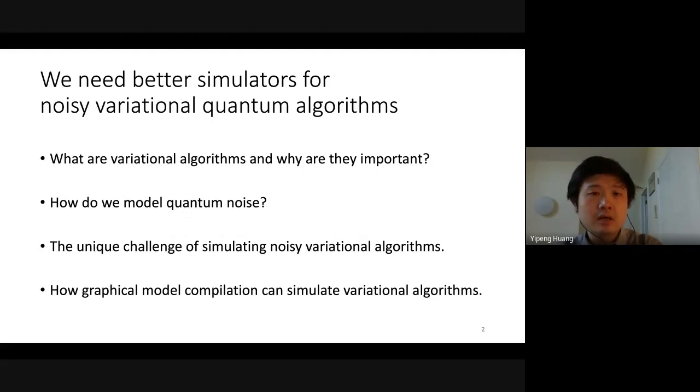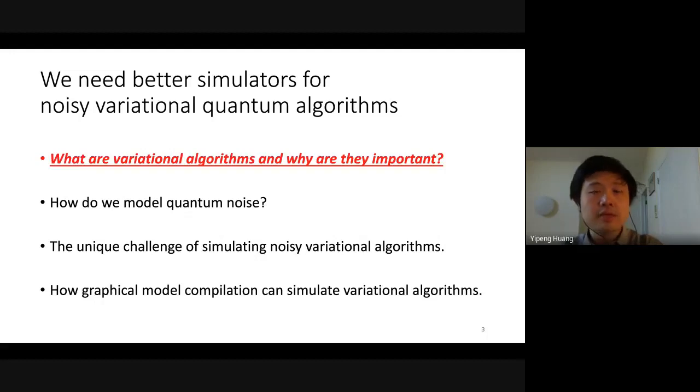Secondly, I'll talk about what it means for there to be quantum noise in a quantum circuit. I'm going to talk about why simulating these algorithms is particularly difficult. And I'm going to talk about a novel technique using techniques that we borrow from classical AI, from classical inference, as a way to simulate these variational algorithms.